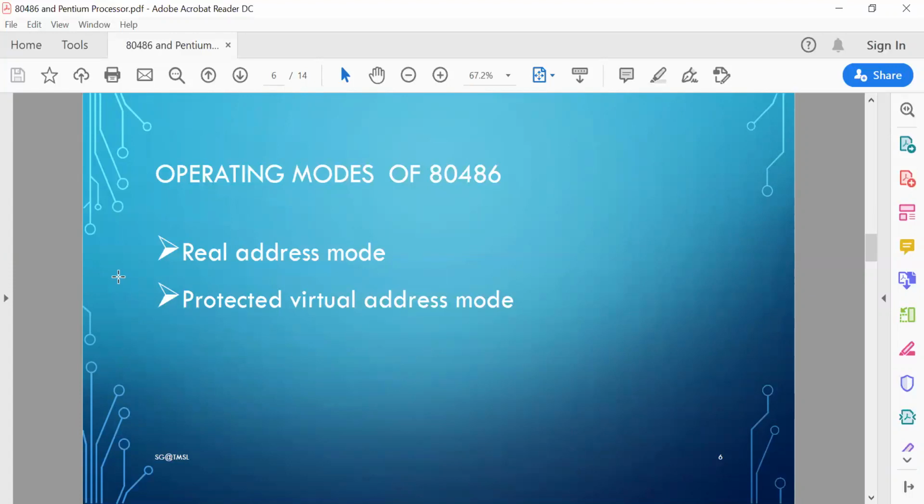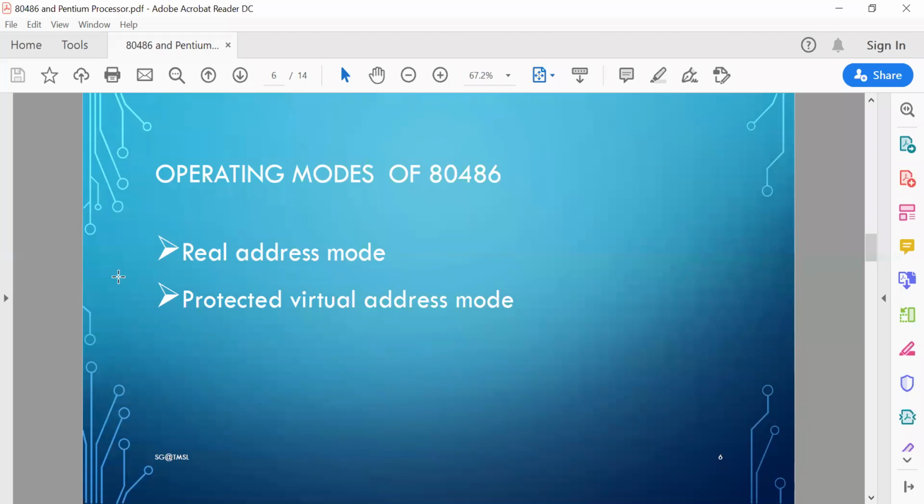Now, protected mode is related to address formation, descriptor types and structure, and it supports a virtual 8086 mode for execution of 8086-based applications.